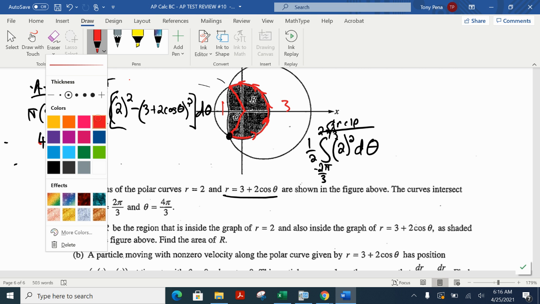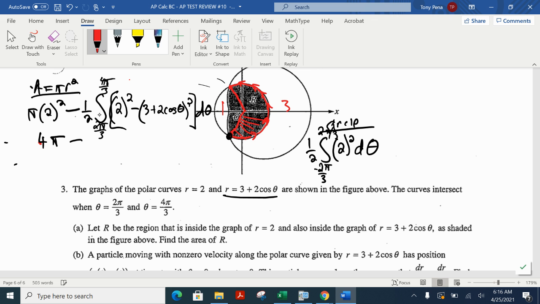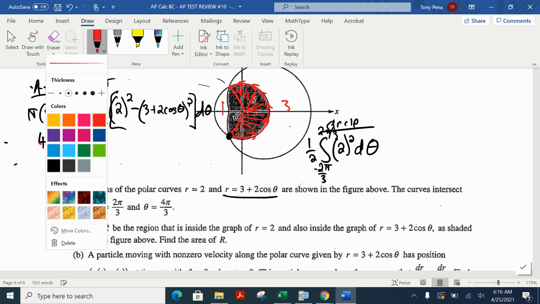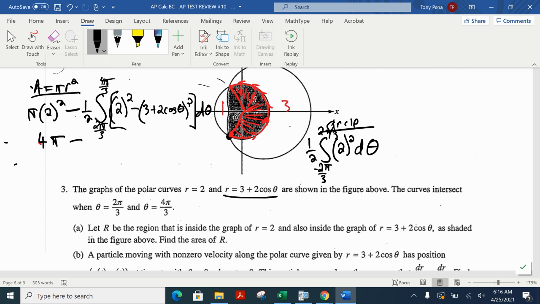So what that now does is that gives us all of this. And then we would now add the area of this, I don't know what you would call it, we call it a cardioid, it's close enough.